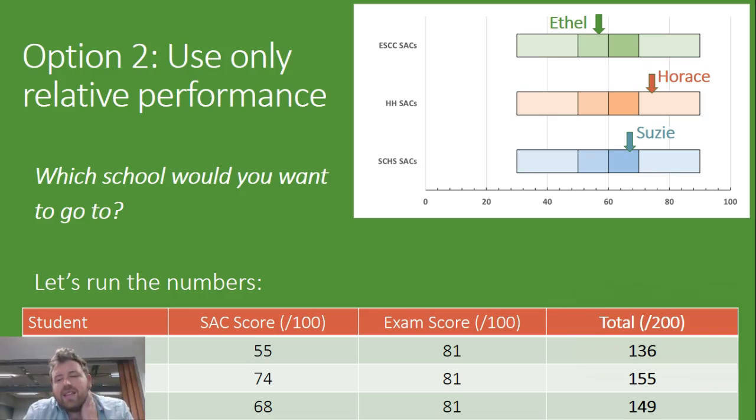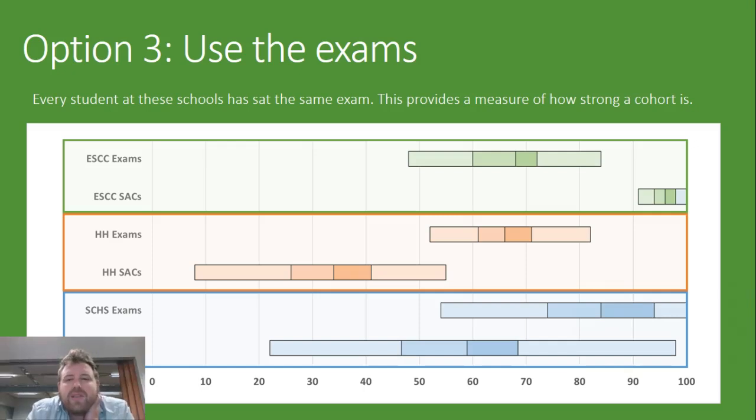And the approach that the VCAA use is what I'm calling option 3 here, which is where we use the exam scores. So we don't just take those SACs as given, nor do we take the rankings of the students in those SACs as given.